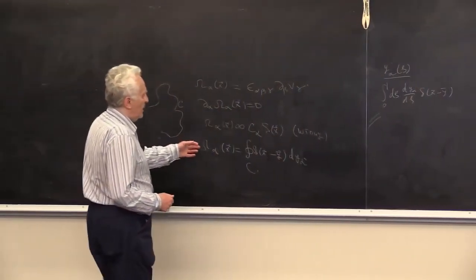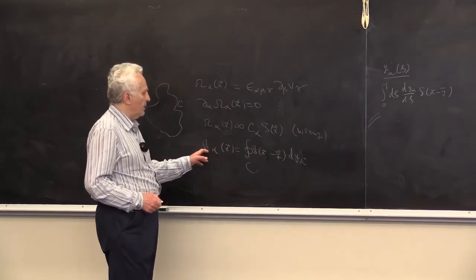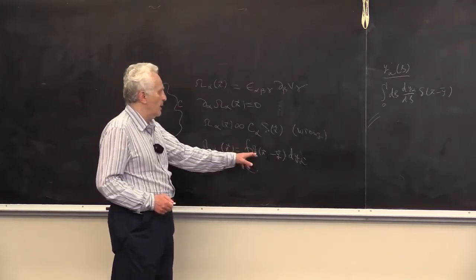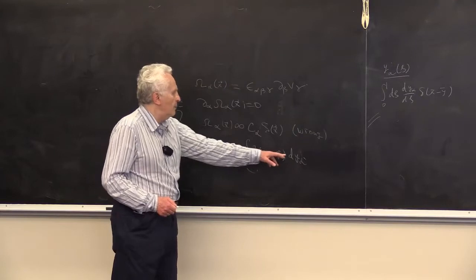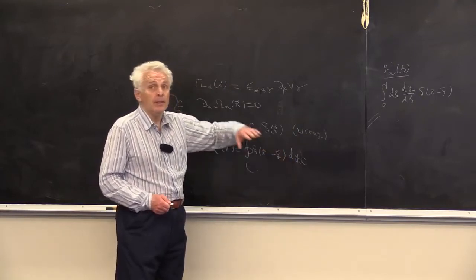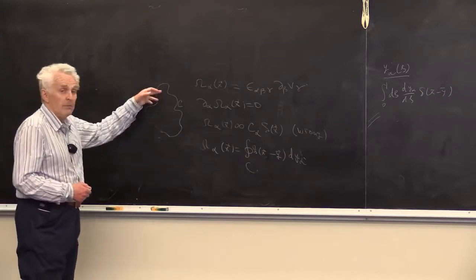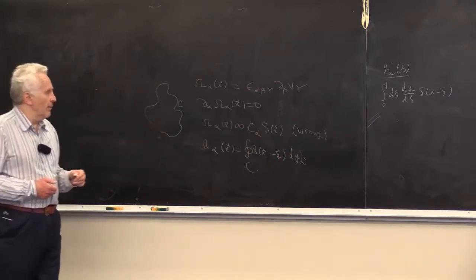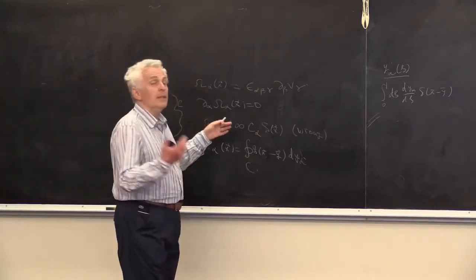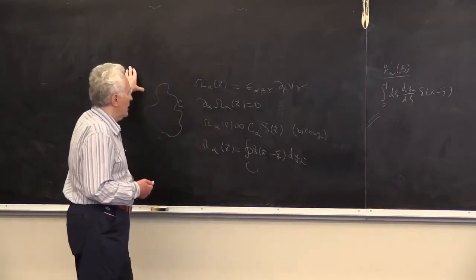And you can easily see that if you take the divergence, you get the d alpha here, and this is a complete derivative, the integral of which gives you 0, because there are no endpoints. I'm going quickly here because we discussed it already last time.